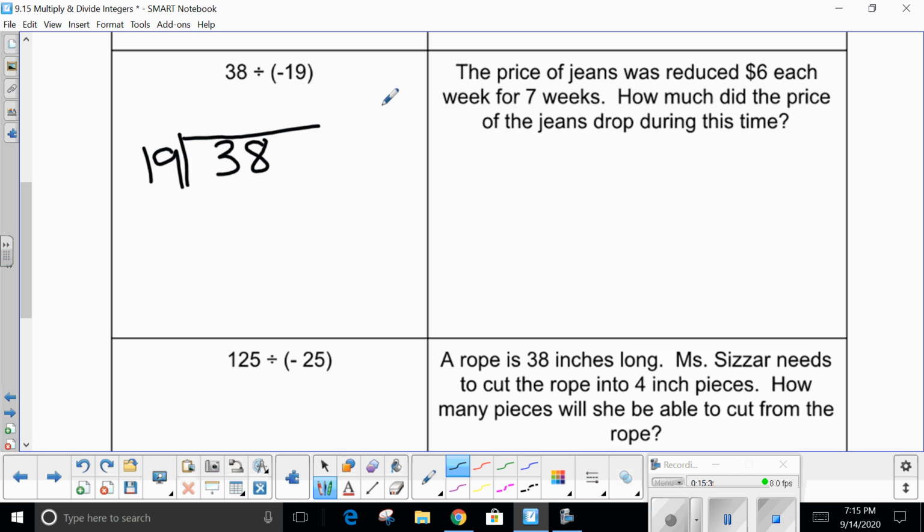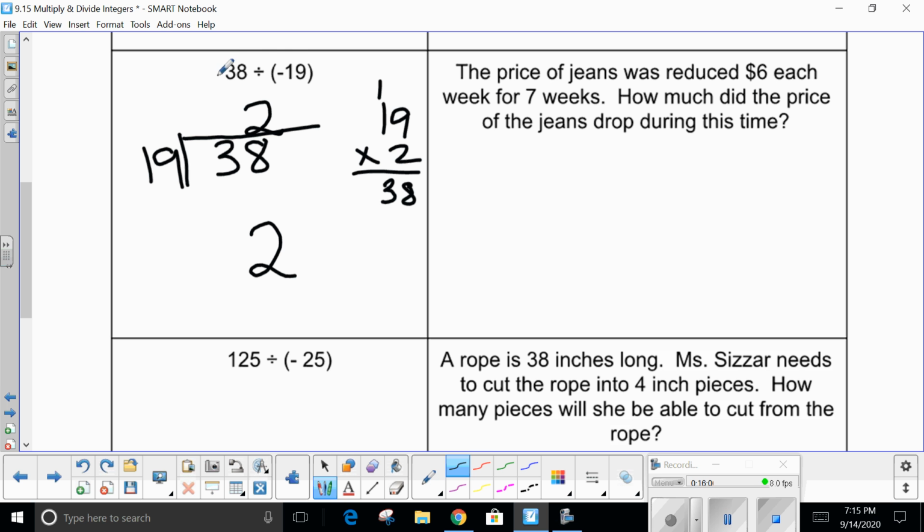So we know, let's see, what's 19 times 2? Because I'm not sure what that is. So 19 times 2, 2 times 9 would be 18, carry the 1, 2, 3. Oh, looky there. So the answer would be 2. But is my answer positive or negative? Well, let's look up here.